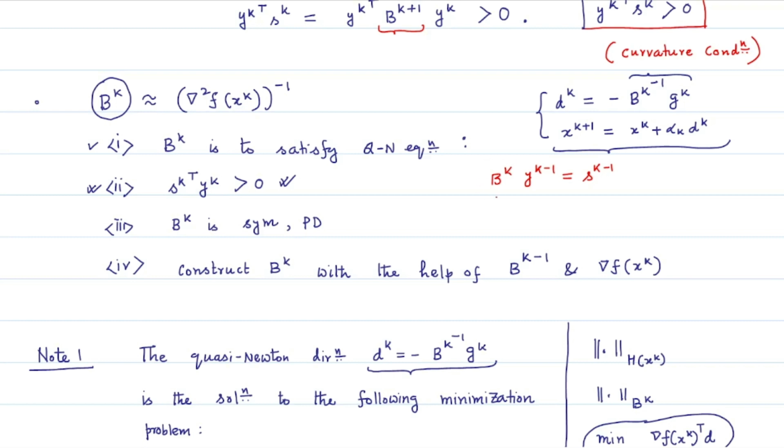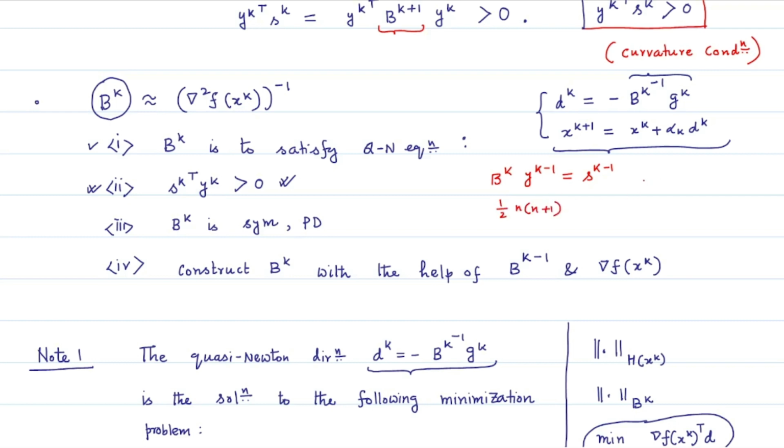But this bk has to be identified. bk is a symmetric n by n matrix, and hence it has in total half of n times (n plus 1) unknowns.